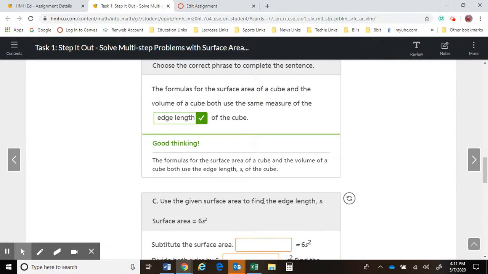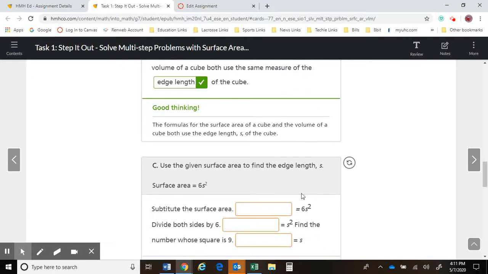Use the given surface area to find the edge length S. First of all, they gave us the surface area, and we know that's 6s squared. So the surface area was 54, so 54 equals 6 times S squared. How would I find out what S is?